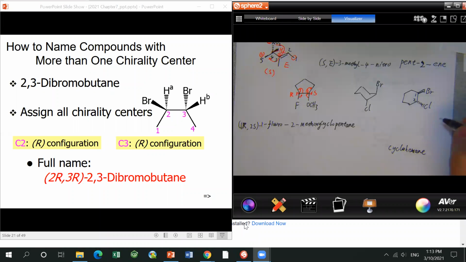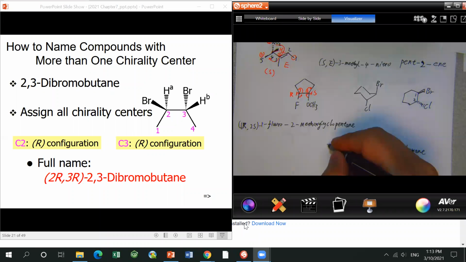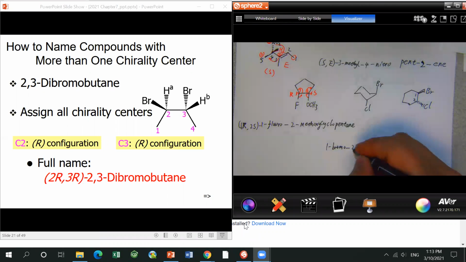Then put them in alphabetical order before the parent name. That should be 1-bromo-2-chloro. There is no space between the o and c; it is one word.